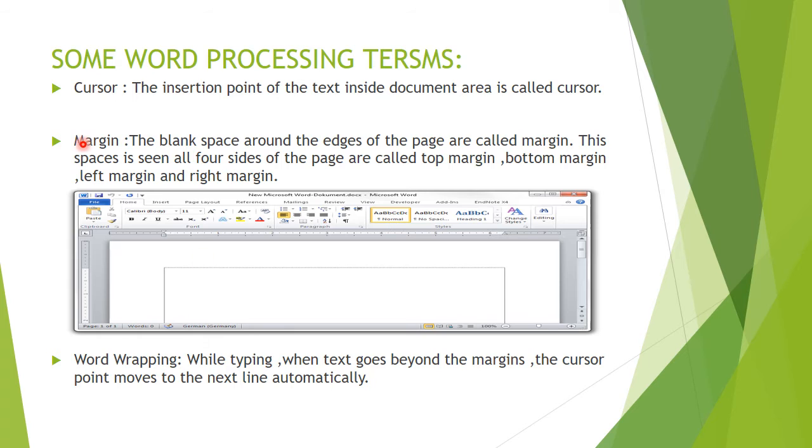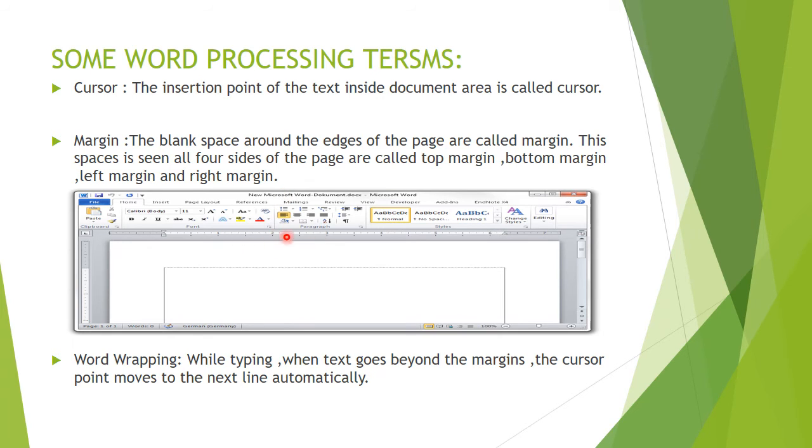Clear everyone? Now second is margin. What is meant by margin? The blank space around the edges of the page is called margin. I repeat, the blank space around the edges of the page is called margin. This space on all four sides of the page is called top margin, bottom margin, left margin, and right margin.